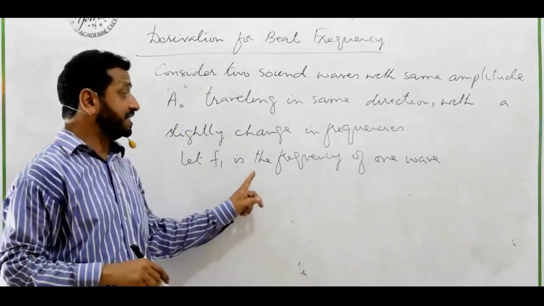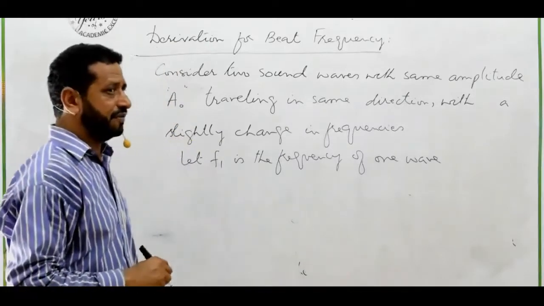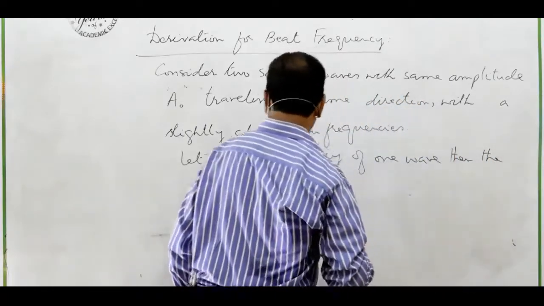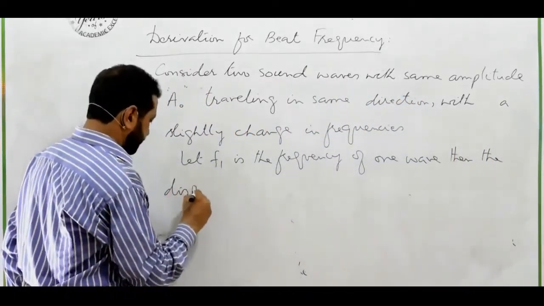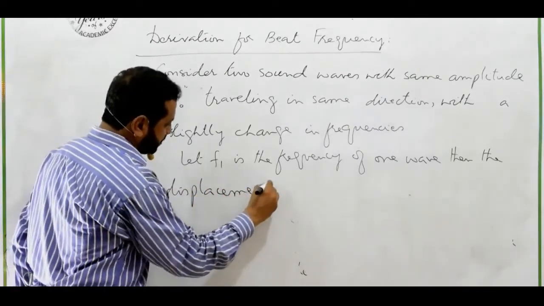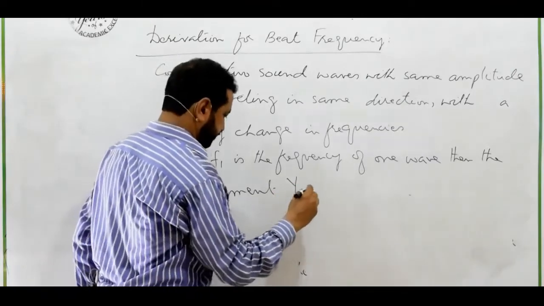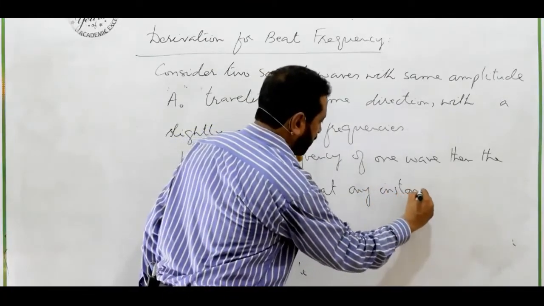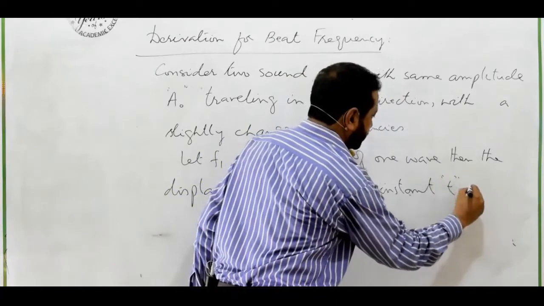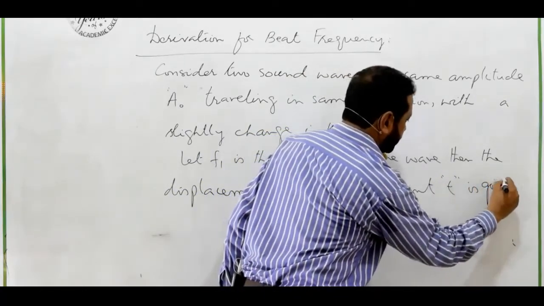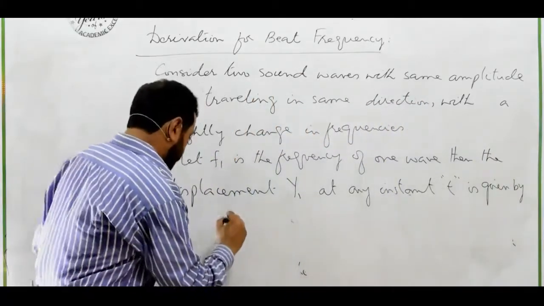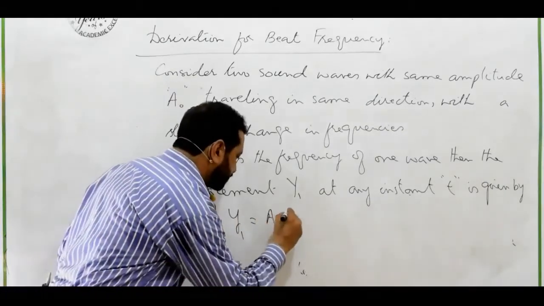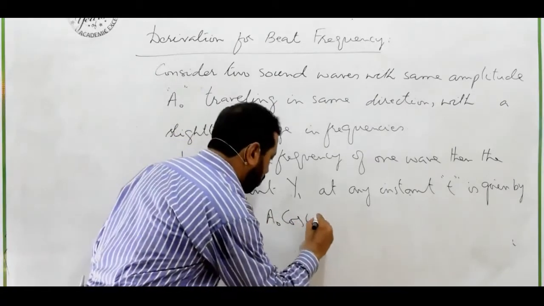Then the displacement y1 at any instant t is given by y1 is equal to A naught cos omega 1 t.